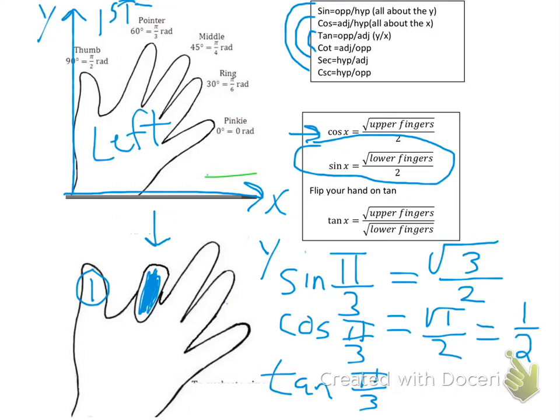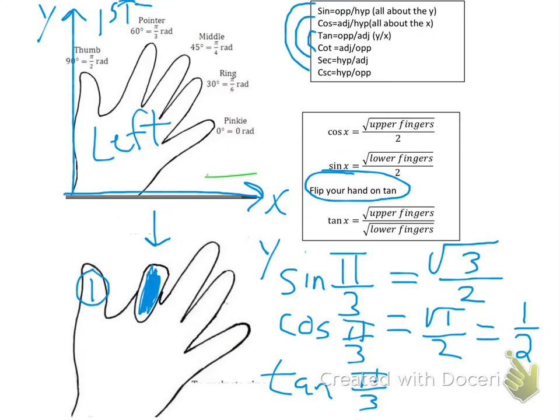Now if you look at this little chart above, it tells you to flip your hand over when you're calculating tangent. Flip your hand on tan. It kind of rhymes, I guess. So if you bend over this finger and flip your hand over, what would you have?